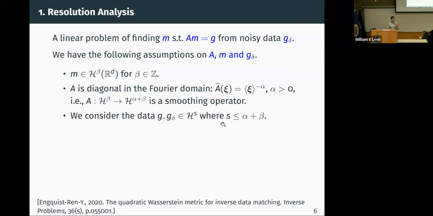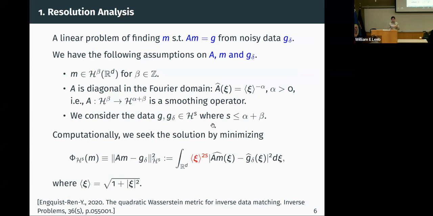So this is where, as a user, you do have a choice. You can choose alpha plus beta if you think it's optimal, but you can use a weaker norm, where the data misfit is still finite. So s is where you can choose either bigger or smaller, and you can see next that the choice of s actually makes a difference. In the Sobolev H s norm, there are multiple definitions, and one of the most convenient is to take a Fourier transform.